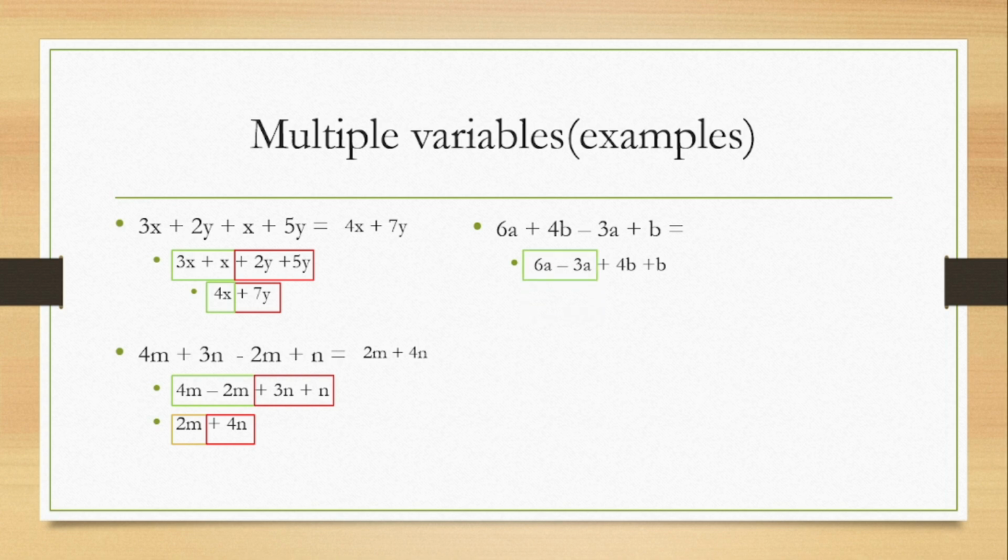And 4b plus b, right? So we just add or subtract the like terms. 6a minus 3a is going to be how much? 3a. And then 4b plus b is going to give us 5b, right? So our final answer is going to be 3a plus 5b. And I think this is the last one, right?